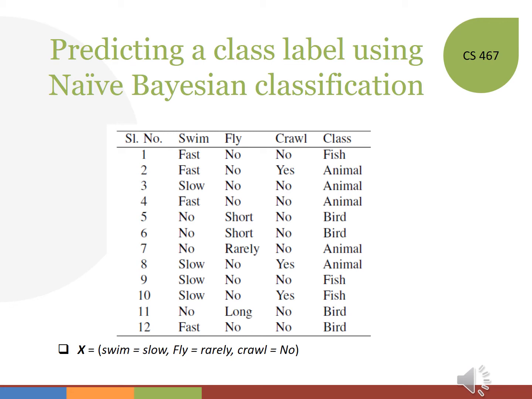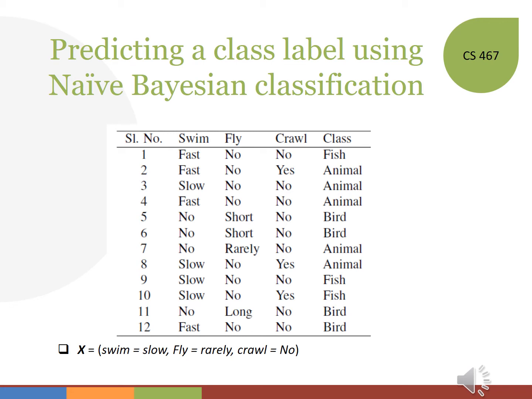The possible values for swim are fast, slow, and no; for the feature fly, the values are long, short, rarely, and no; and for the feature crawl, the values are yes and no. So each unit needs to be classified as either an animal, bird, or fish.